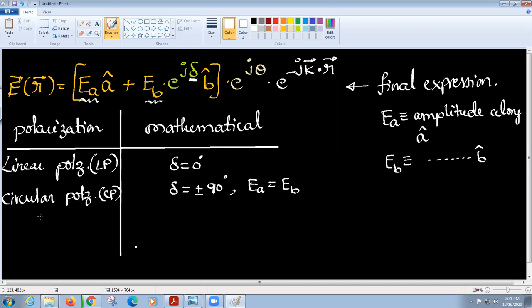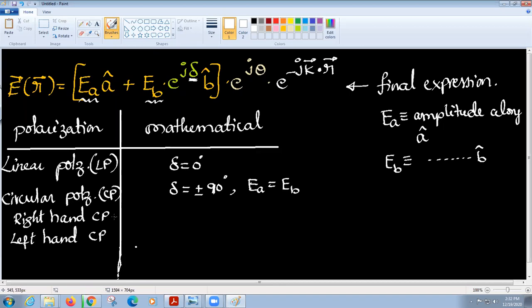Again, you have two special cases under this. That is right hand circular polarization, RHCP, and left hand circular polarization, LHCP.